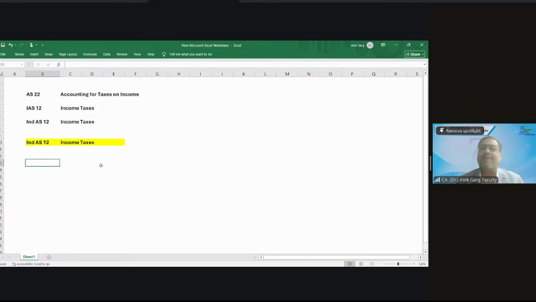You have to go by the question, because the question wants to test your knowledge on accounting. The question does not want to test your knowledge on income tax provisions. Is that clear? But if the question is silent, then you can apply your provisions of income tax. But largely, the guidance will be given in the question, because income taxes in financial reporting is only talking about the accounting. Okay. Is that clear or not clear?